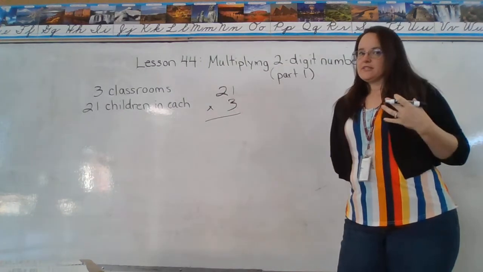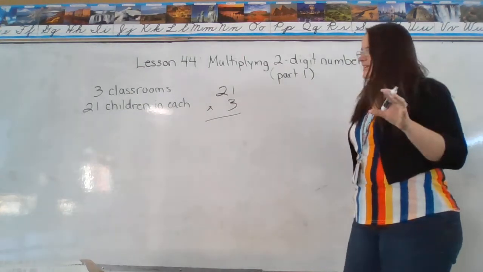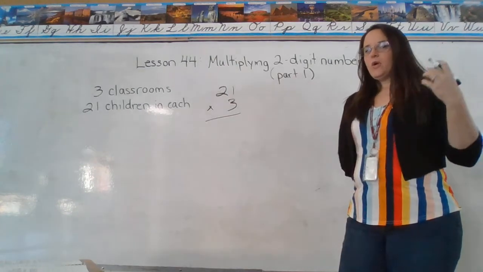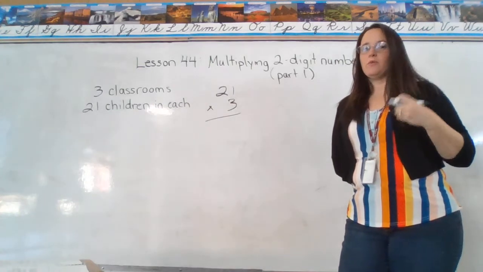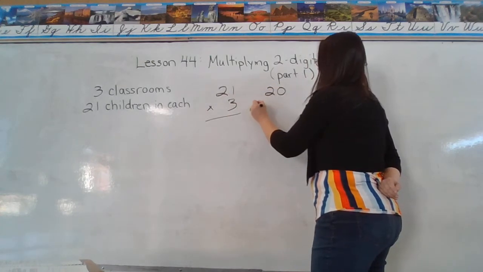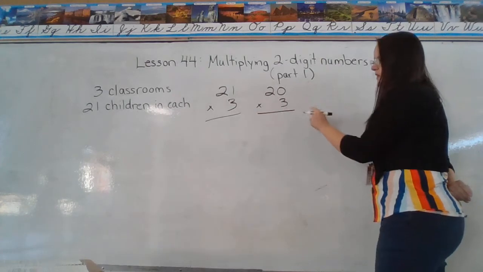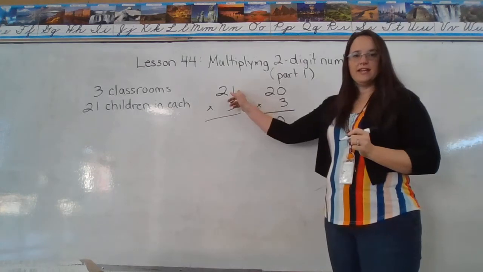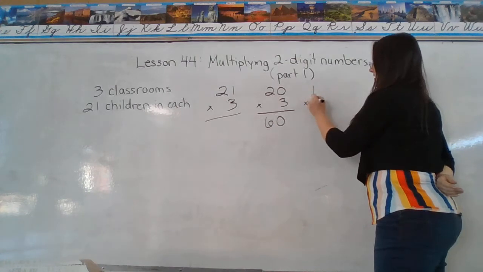If we were going to try to do this in our head, we'd want to break this up a little bit. Some of you probably can count by 21, but let's take this example and break it apart. Instead of trying to figure out 21 plus 21 plus 21, what if we say, what's 20 times 3? 20 times 3 is going to give us 60, and then we can take our 1 and say, well, we need 3 groups of that too, so what's 1 times 3?